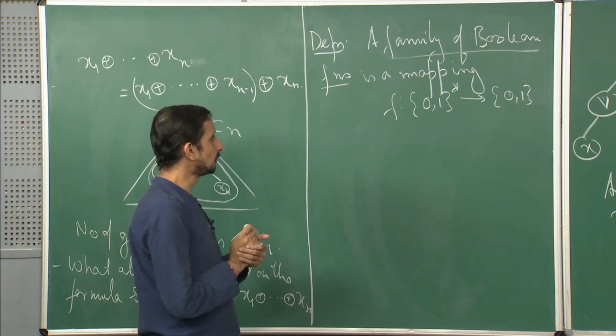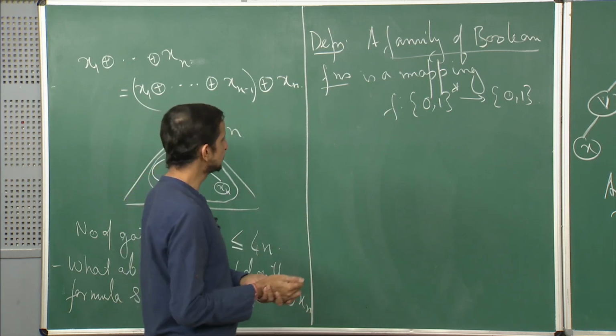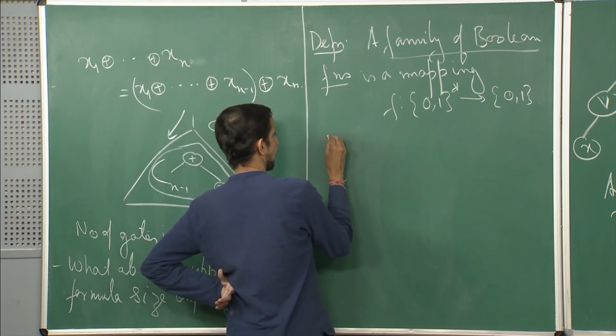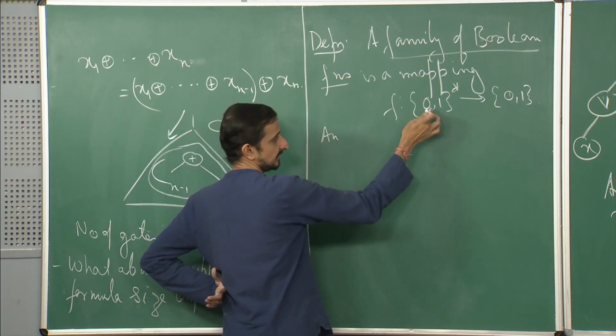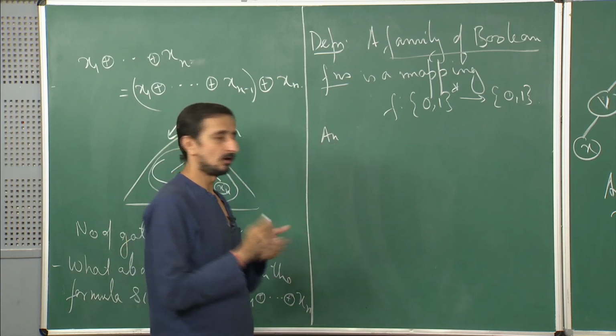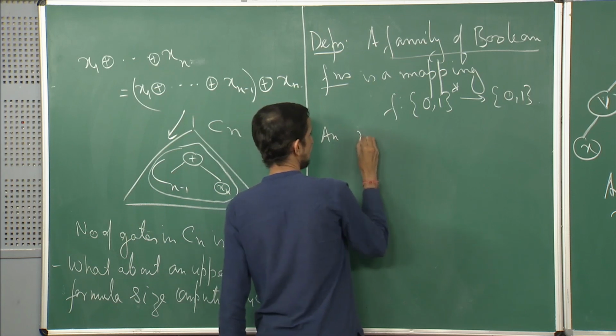It's a function from 0 1, so it takes a string and produces an output in 0 1. Okay, and the input can be any length. Okay, so the input of the function can be of any length.